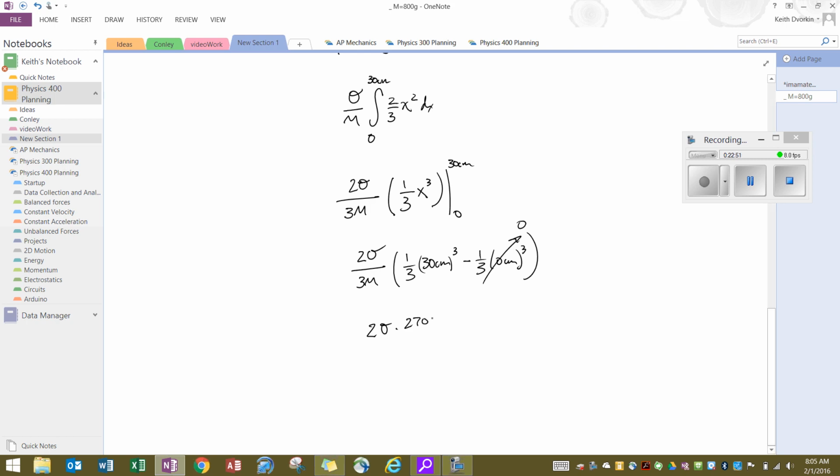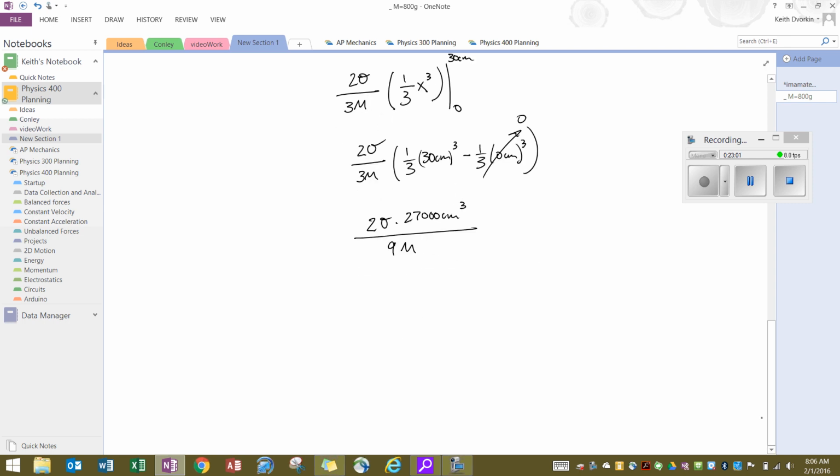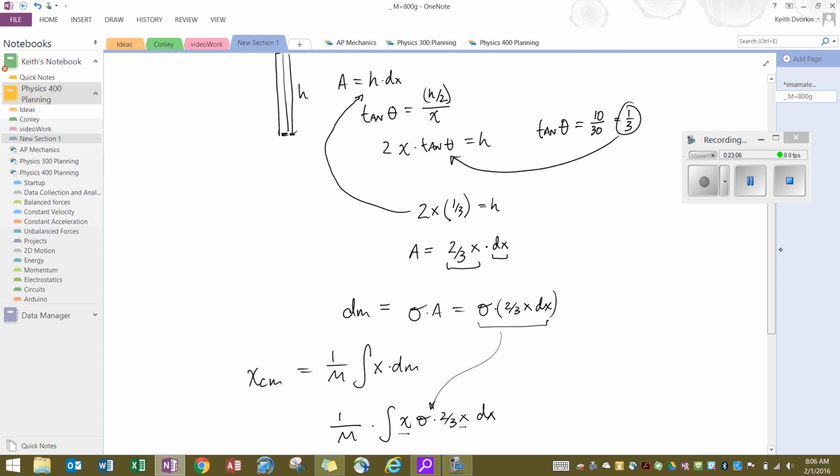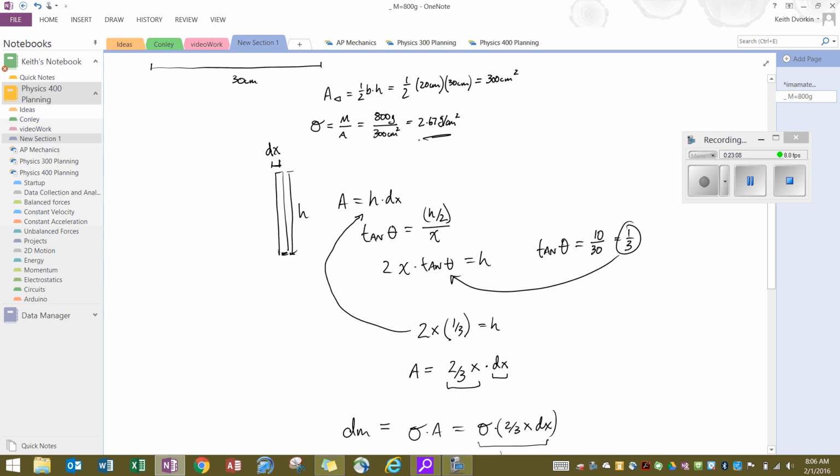27,000 centimeters cubed all over 9m. Now we can plug in our sigma and our m. Sigma, recall, we had figured out way earlier.